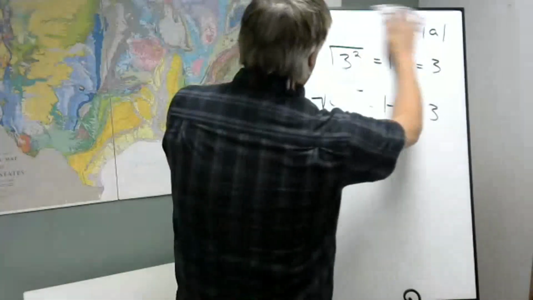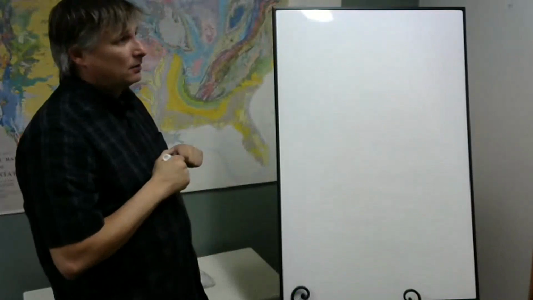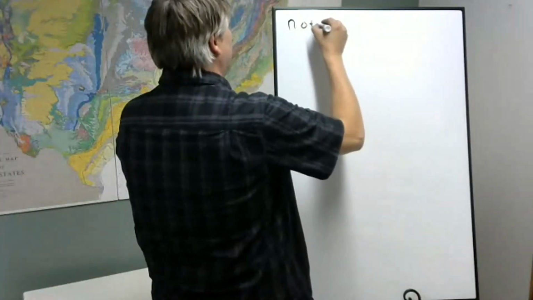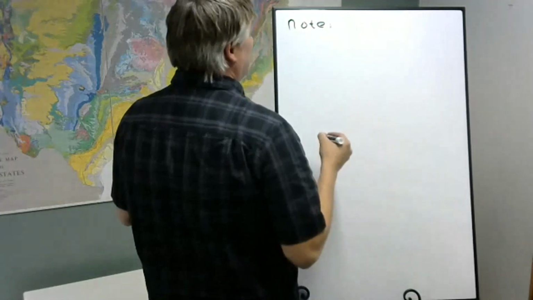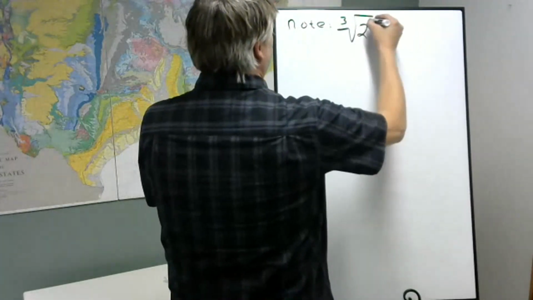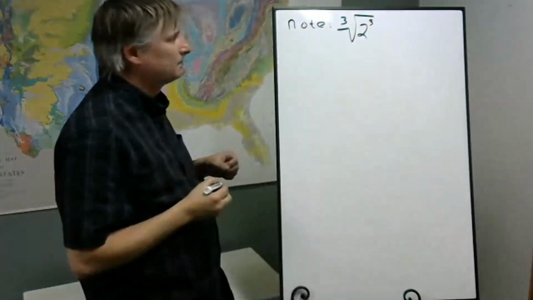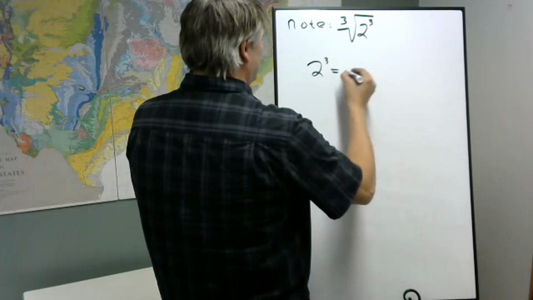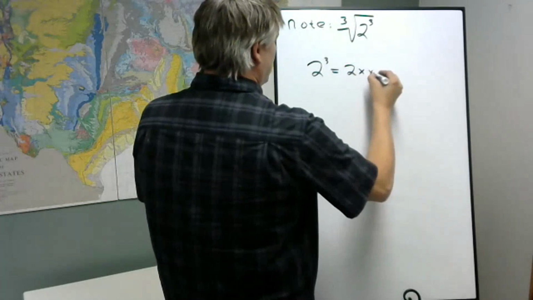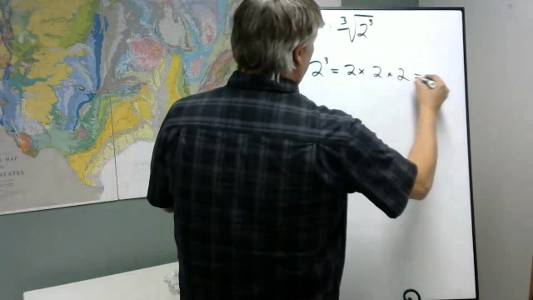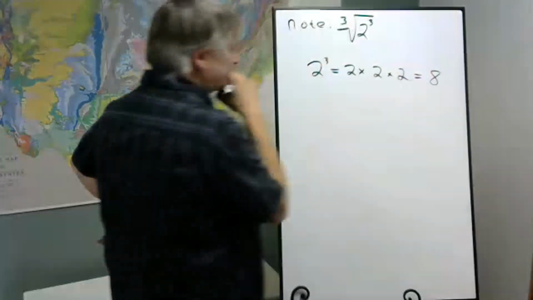Now, what about cube root? Well, let's say we take the cube root of 2 cubed. Well, 2 cubed is 2 times 2 times 2, which is equal to 8.